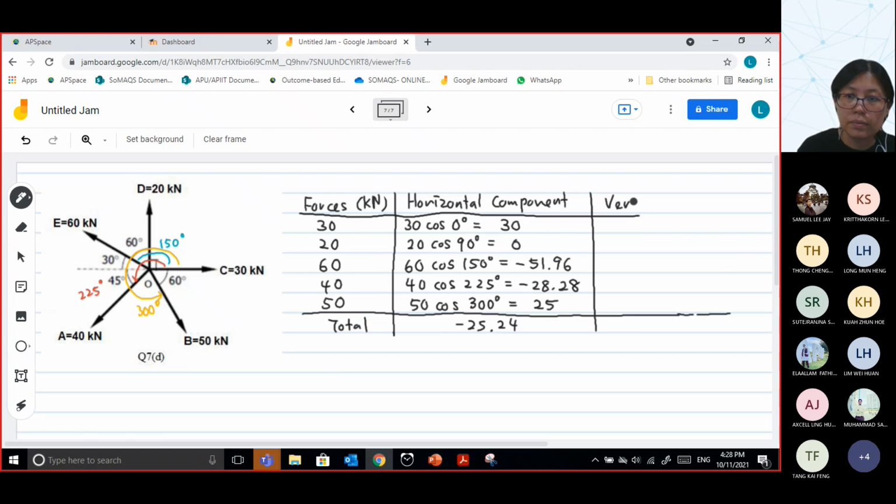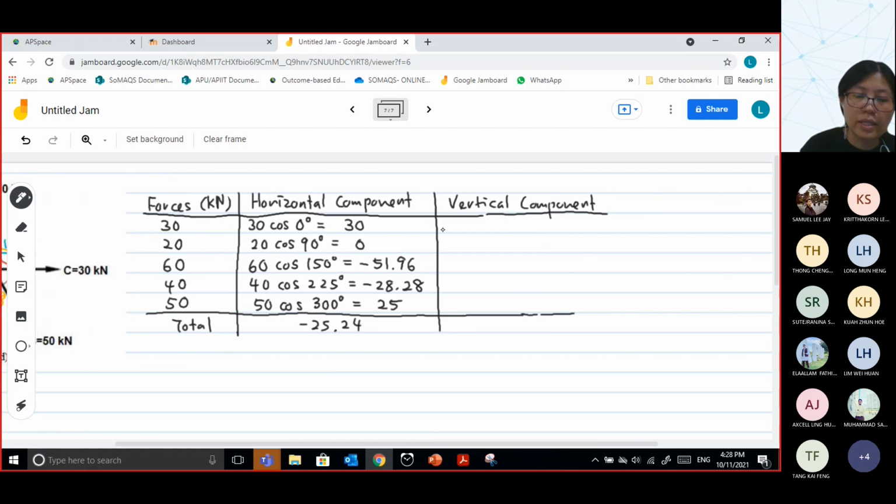Then vertical. This one is easy: 30 sine 0, 20 sine 90, 60 sine 150, 40 sine 225, 50 sine 300.